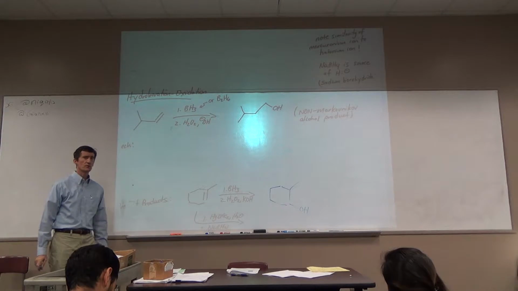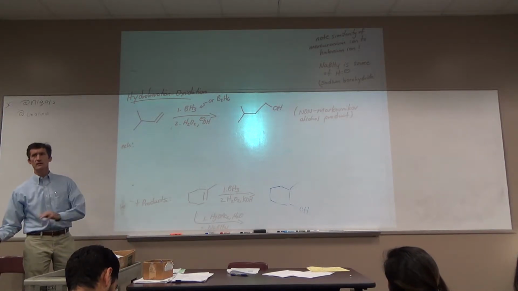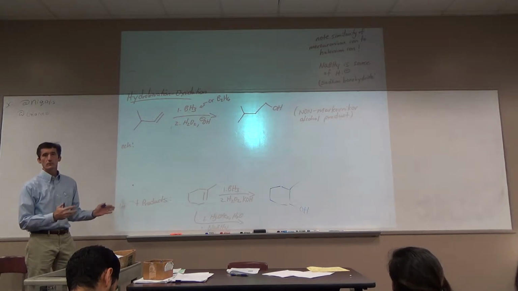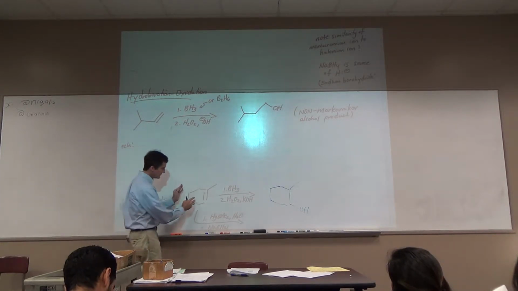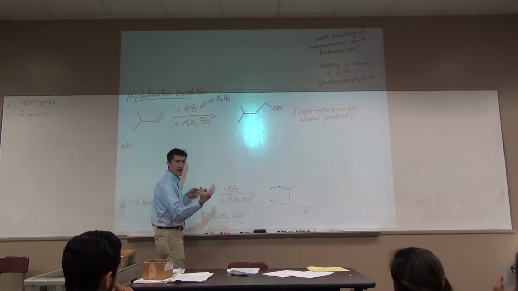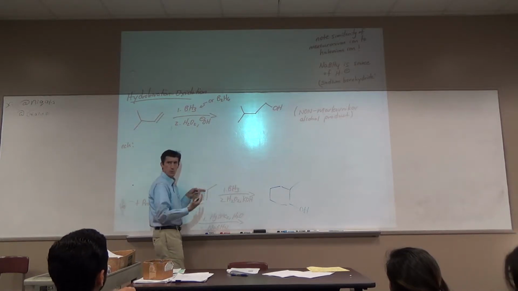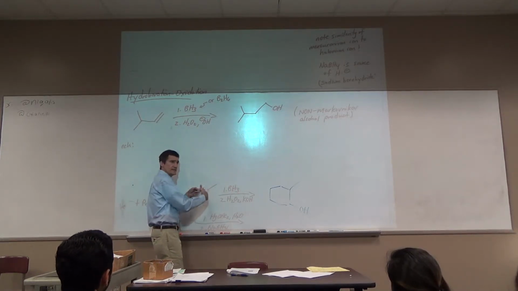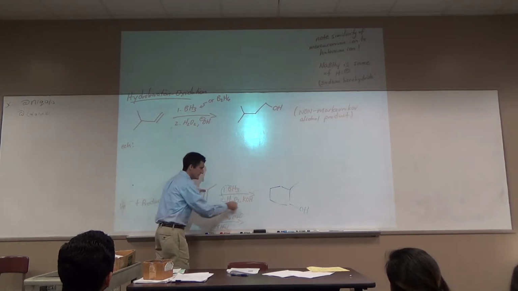Well, books will tell you that so-and-so ends up on the least substituted carbon, or the H ends up here, whatever the books say. But what have we been saying? Where would you make the cation, top or bottom? Top. And if you're doing a hydration, what adds to the cation ultimately? Maybe not exactly here, but water, right? I mean, the OH adds to the cation. That's our initial thinking. But we know that this gives the atypical.